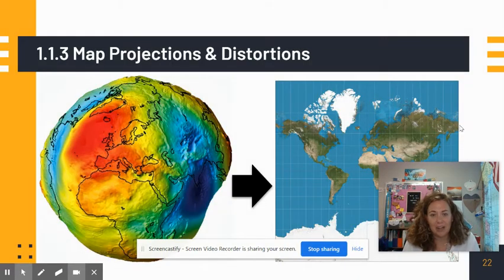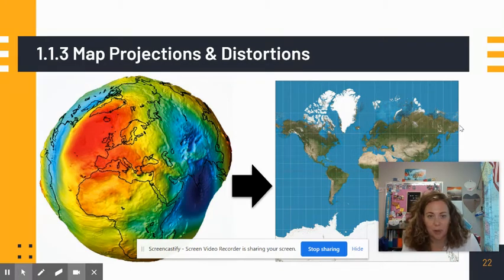Okay, so again, here we go. This is what we're trying to work with. There's a lesson we've done before: take an orange and peel it and try to keep the peel as intact as possible, and then flatten the peel out and see how it transfers, if you will. This is a really interesting satellite image.